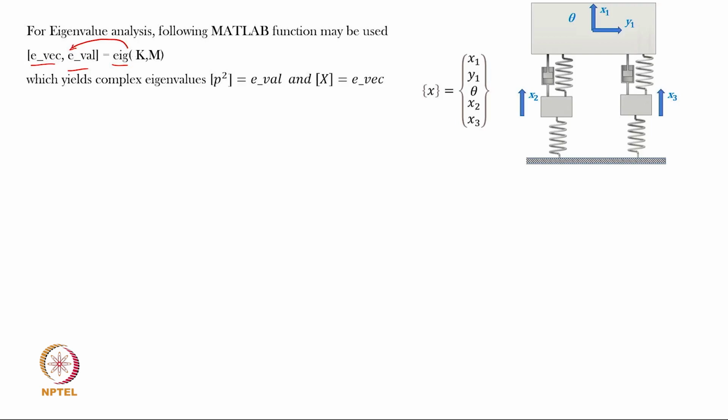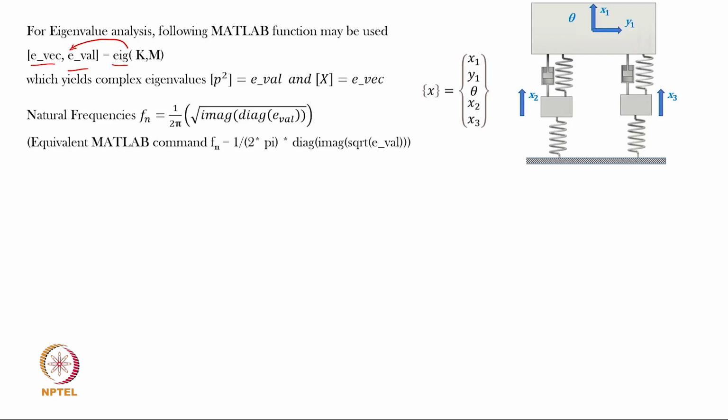Now, these eigenvalues are, as I said, arranged in the diagonal form. So, you will have this eigenvalue matrix to have non-zero diagonal elements, and off diagonal terms will all be zeros, and these are basically the squared natural frequencies.